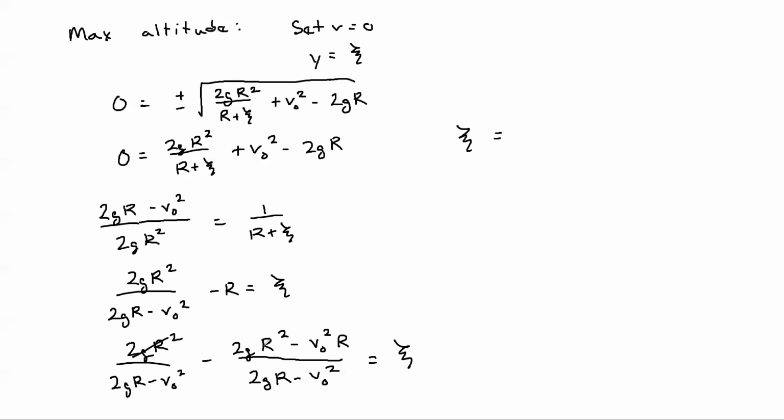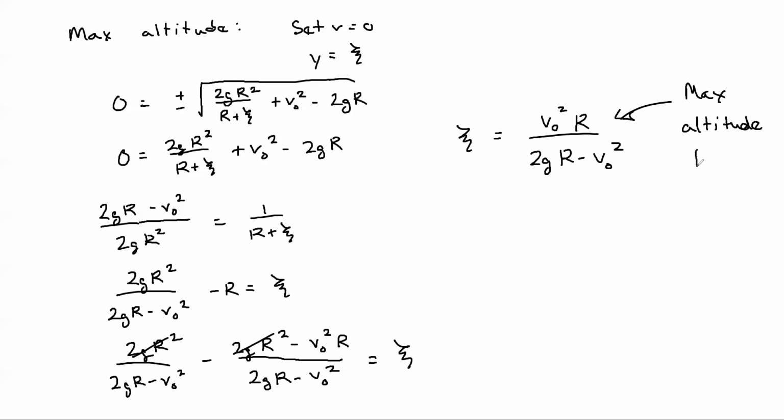you'll get xi equals, this and this cancel, and we get v naught squared r over 2gr minus v naught squared. And so this formula here is the max altitude for a given initial velocity.